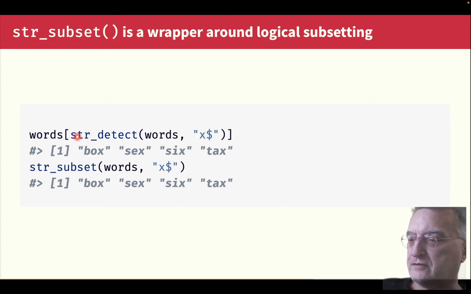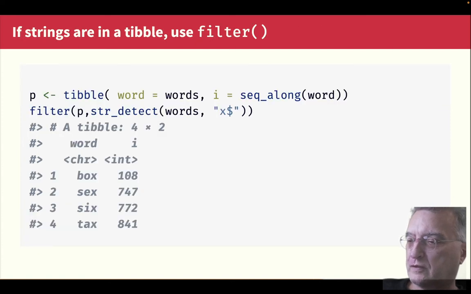The part inside the index by itself would return all trues for these 4 words and falses for the other 900 words, or however many words there are. I think there are 900 words in that vector.